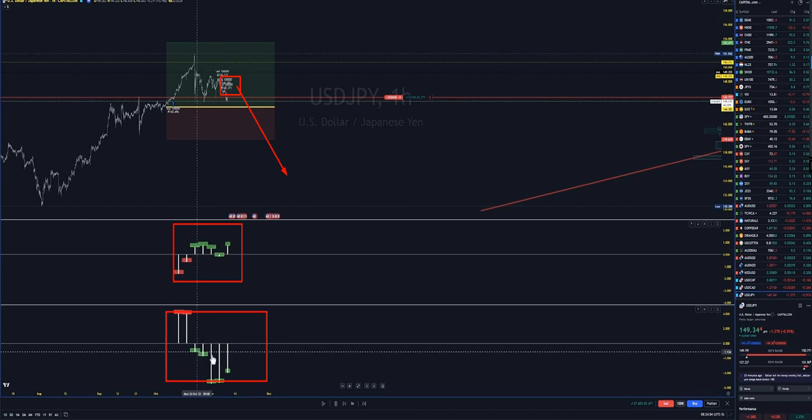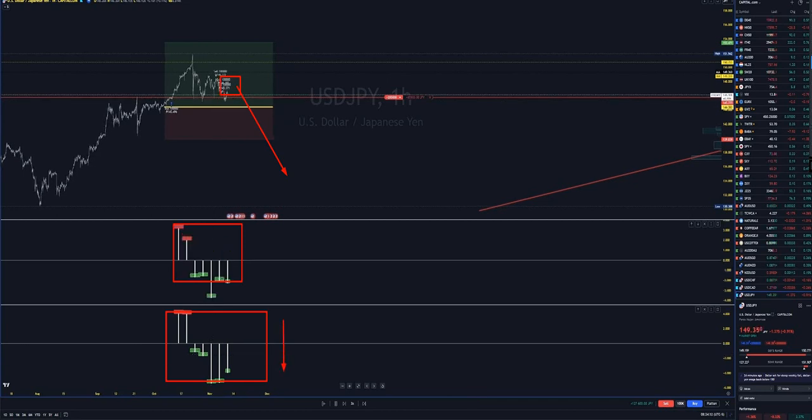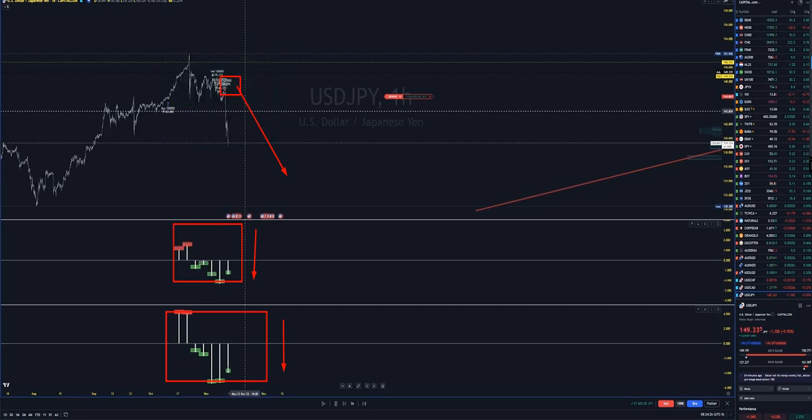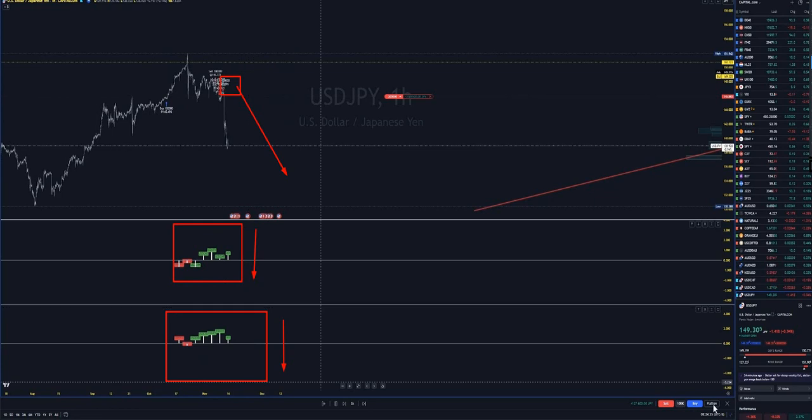So euro dollar and pound dollar Dixie down, and the other dollar pairs down too. Now we can increase our shorts cover, and we see what happened. Look how fast. Before it happens, we get the signal, perfect entry, and now we take profit here and we go long again. Now the market will turn.